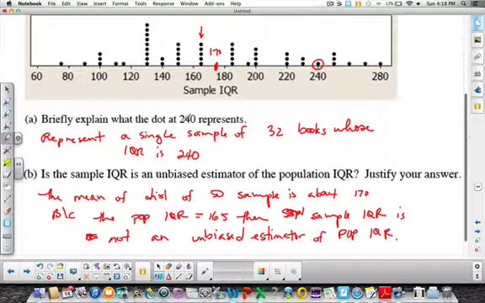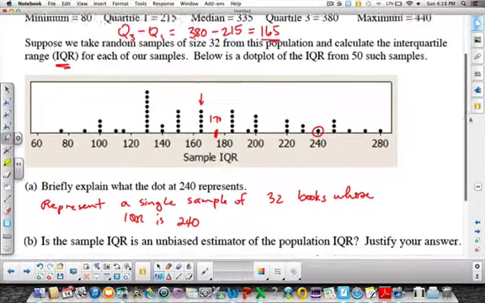In order for it to be unbiased, we would need the mean of this distribution to equal the actual population parameter IQR.